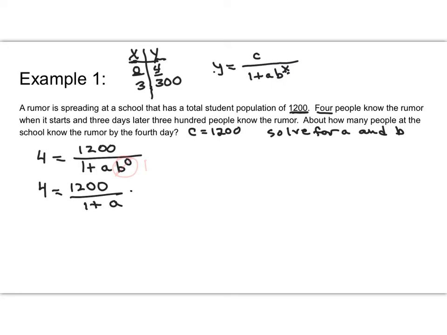So I would multiply both sides of my equation by 1 plus a, because that's going to cancel out. And I'm going to end up with 4 times 1 plus a, need to protect that with parentheses, equals 1200. And then I'm going to divide by 4.